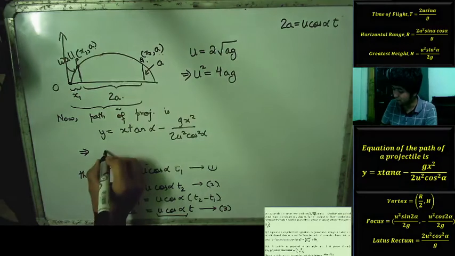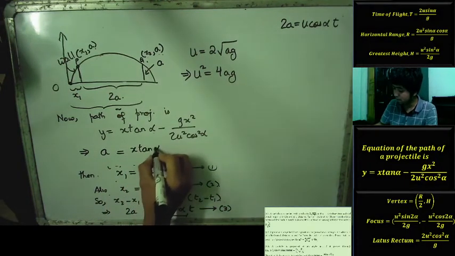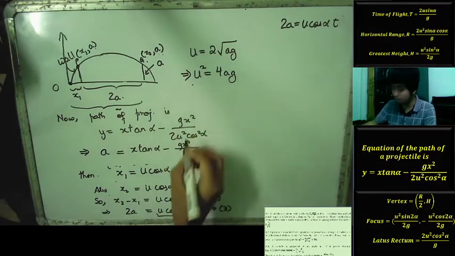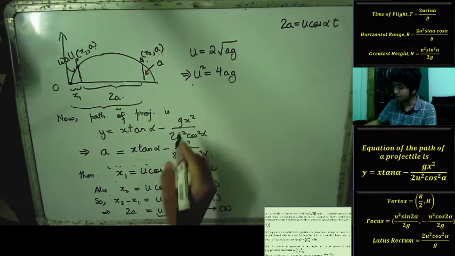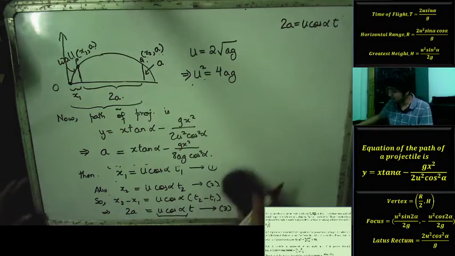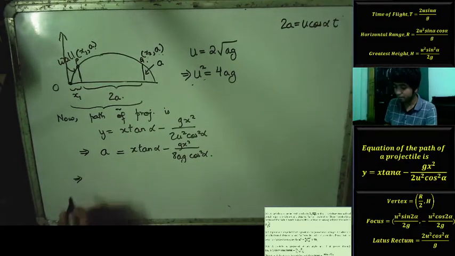So this is how I will do it. y will be a, equals x tan alpha minus g x squared over 2u squared cos squared alpha. 2u squared will be 8ag, so cos squared alpha gets 8ag. So this is what we got. Now what will I do?